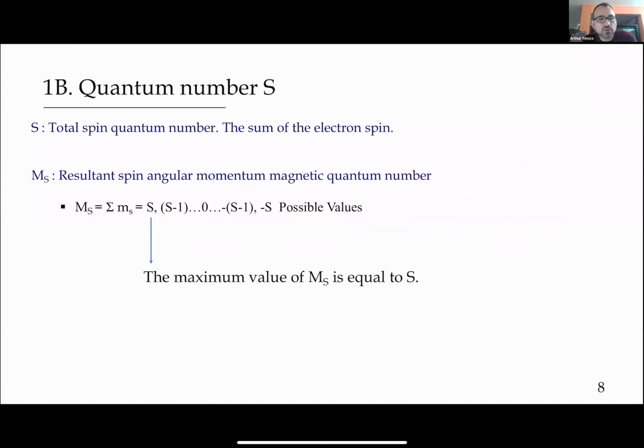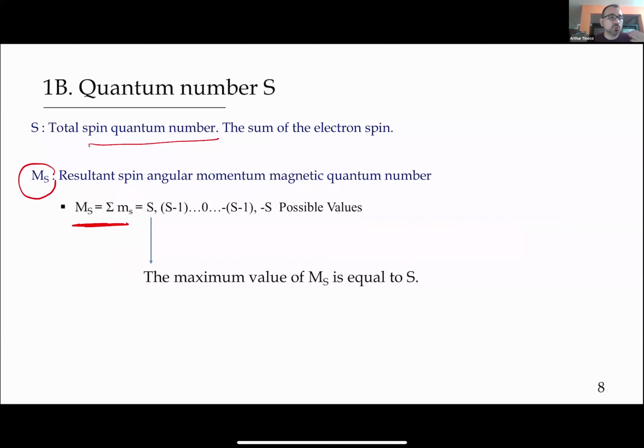All right, so we're going to revisit the quantum number s, which is the spin state. This is the total spin quantum number, and is the sum of the electron spins. The M sub S is the resultant spin angular momentum magnetic quantum number, and M sub S equals the summation of the small m sub s values, the direction of your spin.